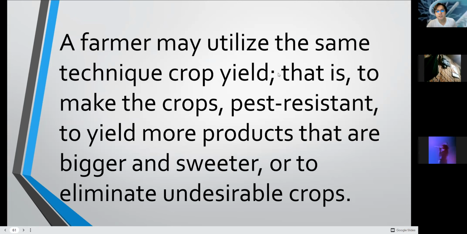The breeders of crops, like corn, you can see a lot of really good grown corn appearing in the market. These corns are pest resistant, meaning they can resist pests. Aside from that, this corn is also really good in taste, meaning it creates a lot of sugar. Those are just a few.